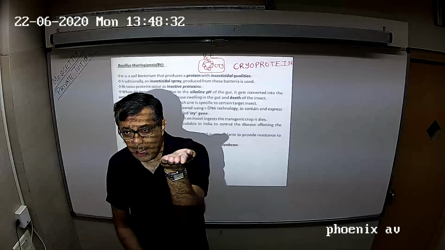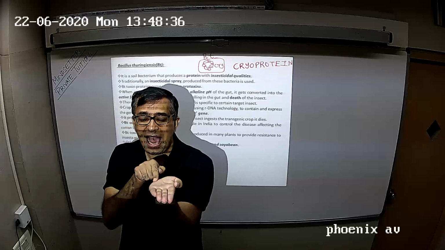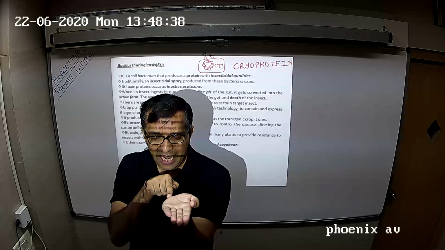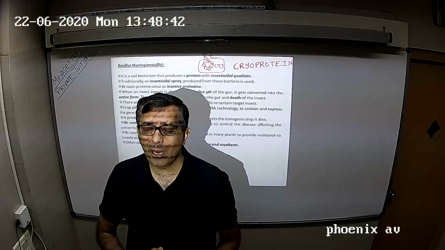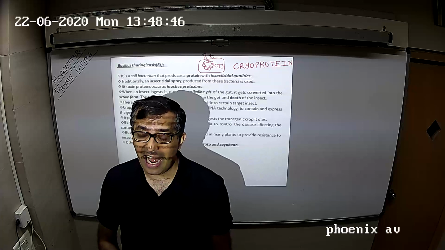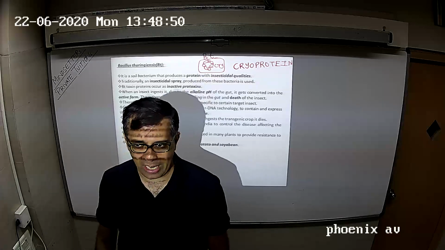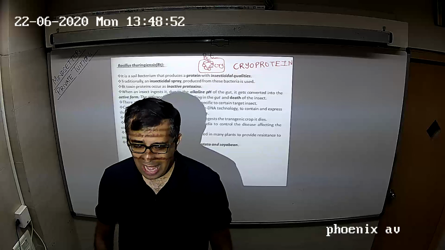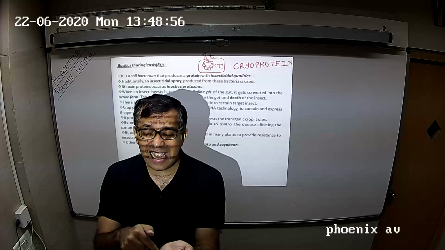Now, as soon as the bollworm comes and goes up the stem and eats the leaf, तो जैसे ही लीफ खाएगा, लीफ के साथ साथ bollworm के बॉडी में क्या जाएगा? Cryoprotein. Now, cryoprotein in nature is an inactive protein. It is inactive. And it does not affect the cotton plant because the toxin is inactive.